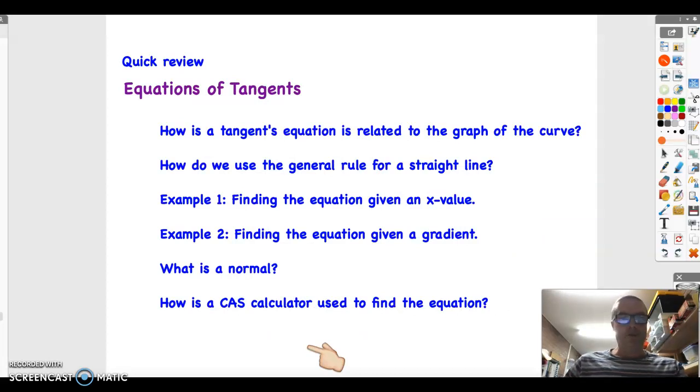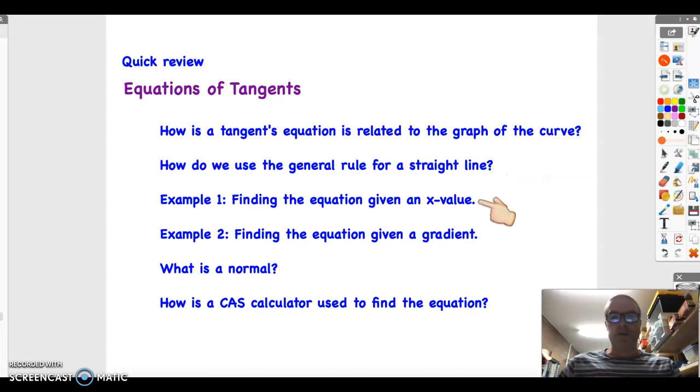So just a quick review. We've talked about how a tangent's equation is related to the graph of the curve, and remember, I'll include a link to the Desmos demonstration. How do we use the general rule for a straight line? We've converted the general formula into a rule that we can use to find the equation of a tangent.